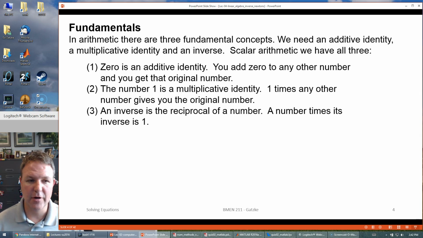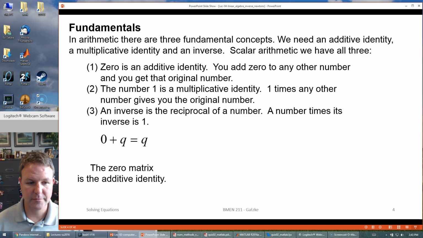You get whatever you started with when you add 0 to that number. The number 1 is a multiplicative identity. If you multiply 1 times anything, it gives you the original number. An inverse is also a fundamental concept: if you multiply a number by its inverse, it's always going to give you 1.